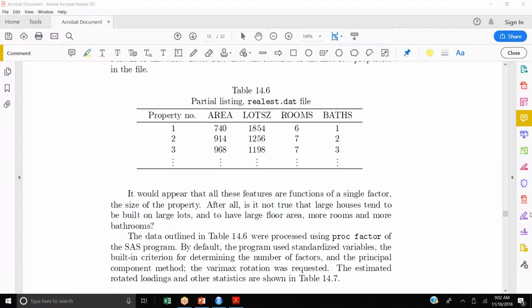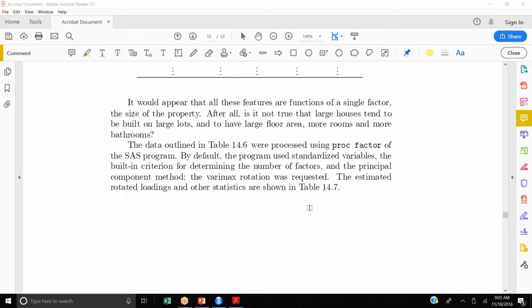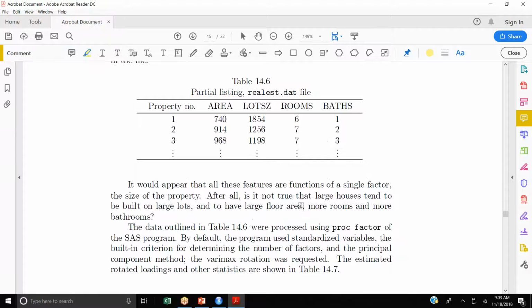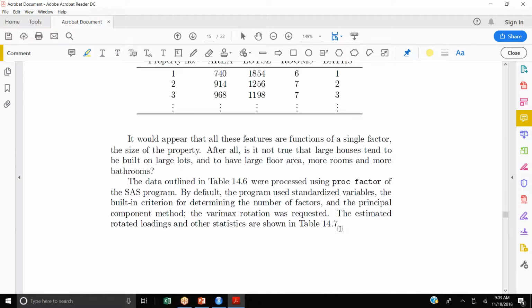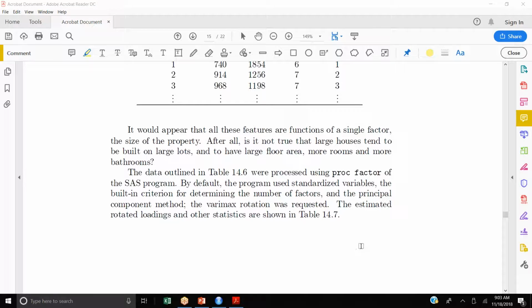Prashant needs to go, so we will finish in half an hour, and then continue next week.